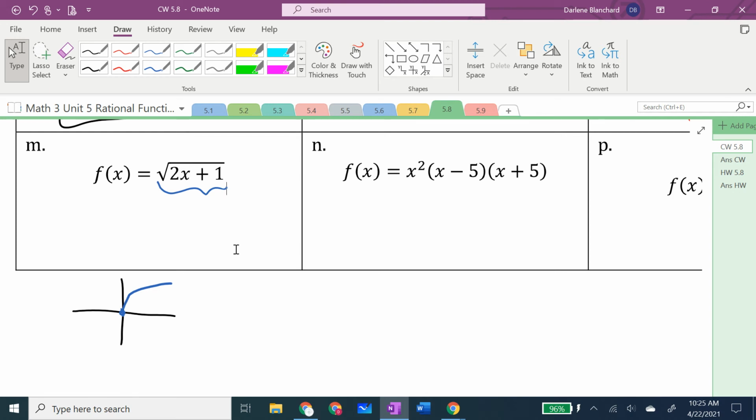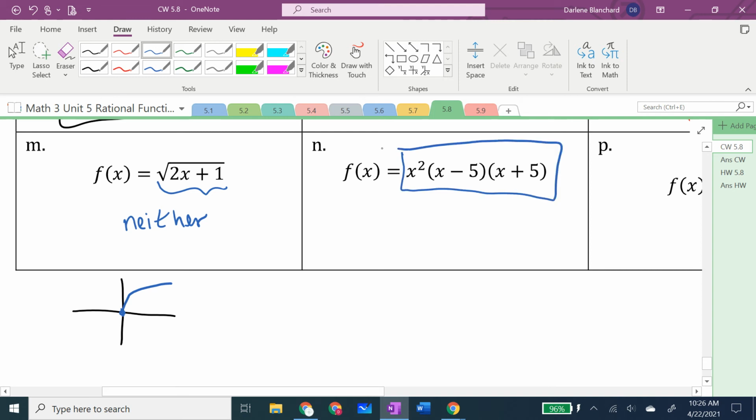If you think about the parent graph of this, do you see that a square root function is never going to show up as even or odd? It doesn't have the symmetry to begin with, and there's nothing you can do to a root function to make it have symmetry. So this one is a neither, and I'm going to go with that explanation. I'm not going to test you on a problem like this. This one is a bit brutal.